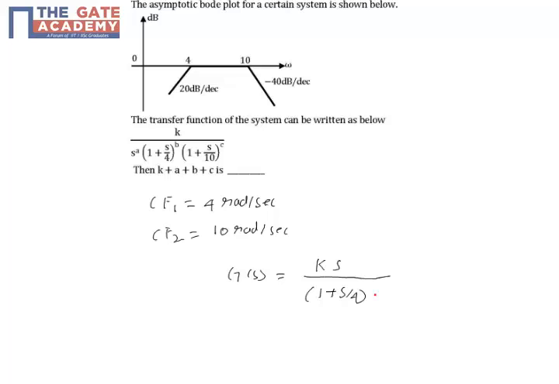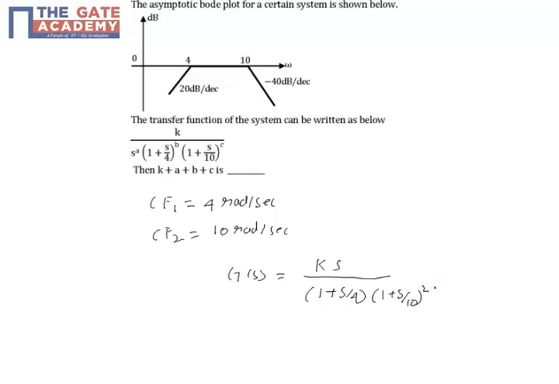Similarly, now if we look at the second corner frequency, there we have the slope changing from 0 to minus 40. So we have the second order factor in the denominator. So that I will write as 1 plus s by 10 whole square. Now we have to determine the value of k. Once we do that, we have the entire transfer function.